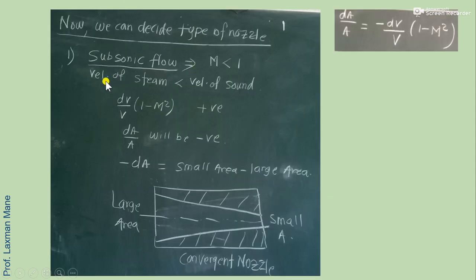Take subsonic flow, meaning Mach number is less than 1, meaning velocity of steam is less than velocity of sound.